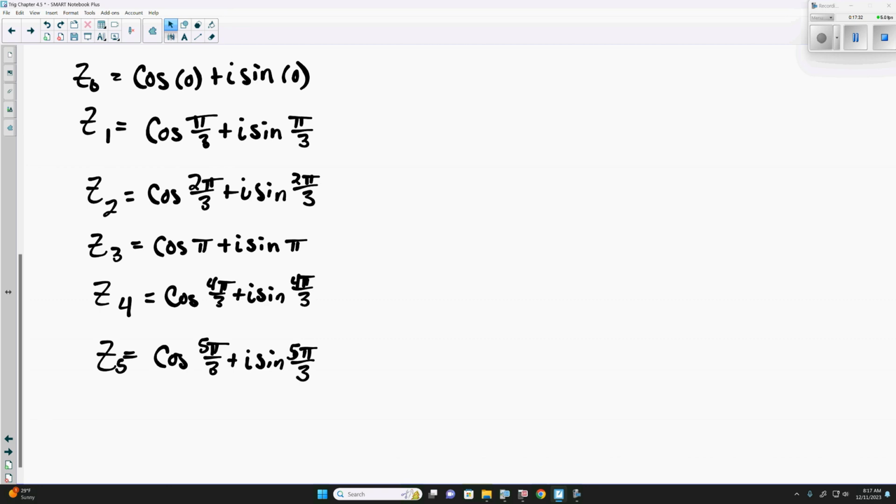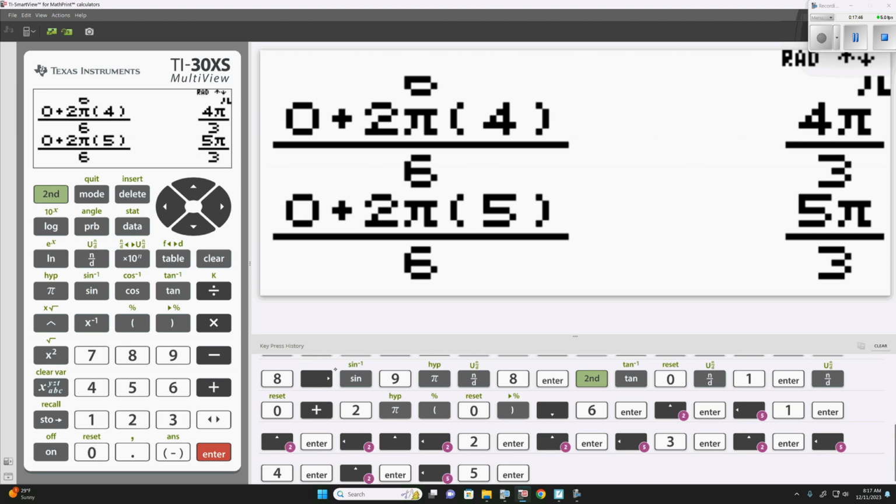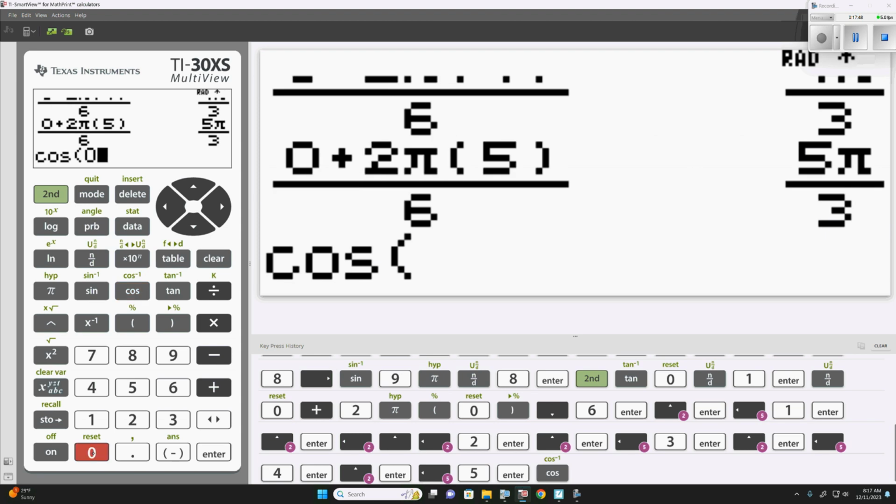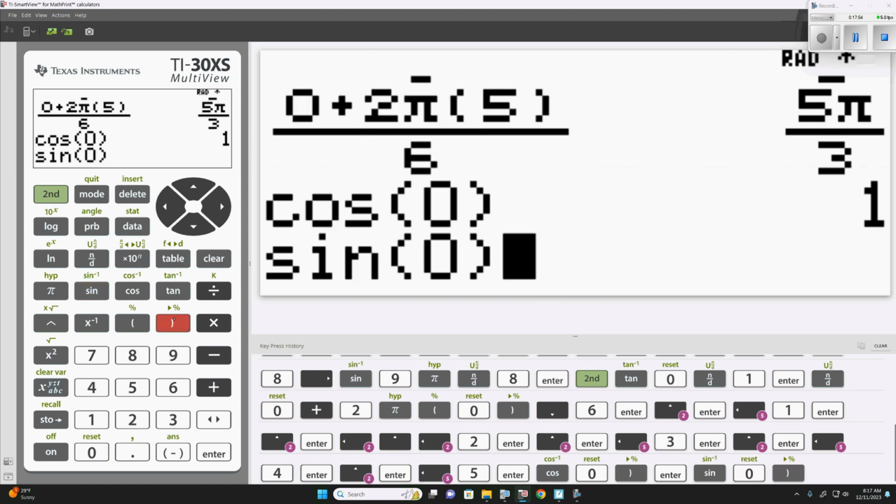Now, what we can do at this point is type these in and see what we actually get. Cosine of 0 radians is 1. Sine of 0 radians is 0.